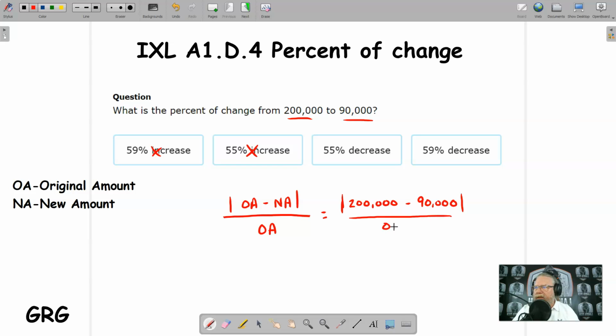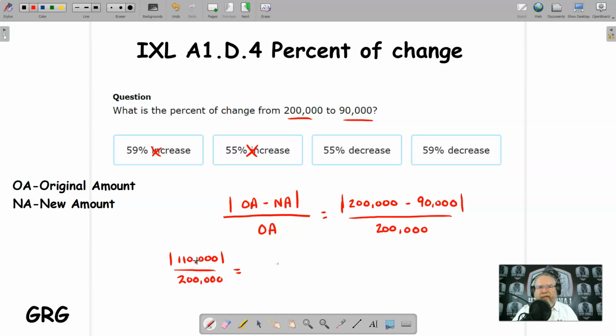And then we're going to have the value of the original amount here, which is 200,000. So in this case, 200,000 minus 90,000 should be what? 110,000. So absolute value of 110,000 over the original amount of 200,000.